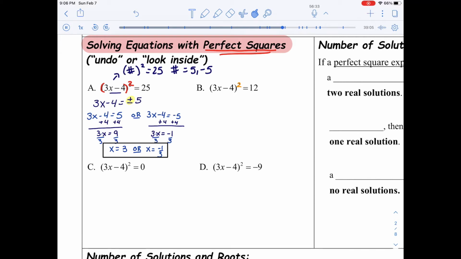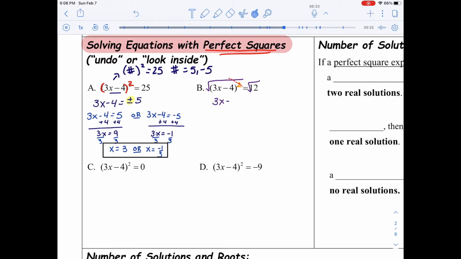To undo to the power of 2, I need to square root the left-hand side of my function. But anything I do to the left-hand side of a function also needs to be done to the right-hand side.